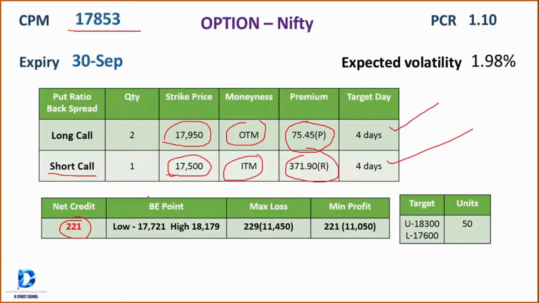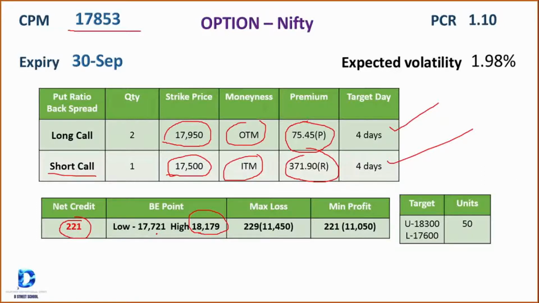So what is the break even point? On the lower side, 17,721 is a break even point. If Nifty comes below this level, we will start booking the profit. If Nifty goes above the level of 18,179, we will start booking the profit.